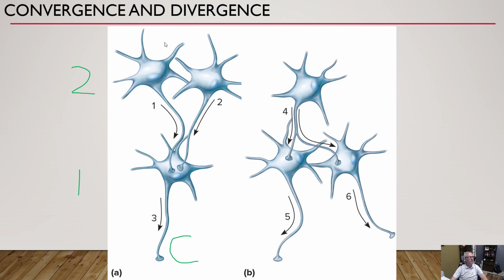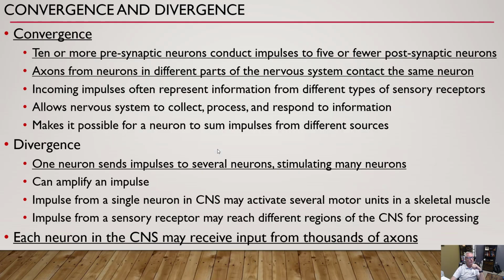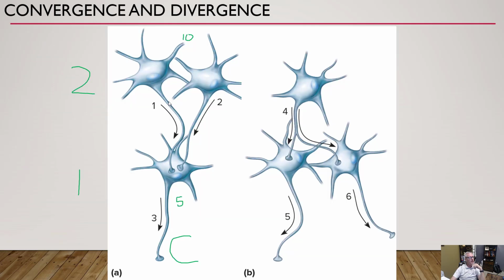But remember, the textbook definition is 10 or more presynaptic neurons that are conducting impulses to 5 or fewer postsynaptic neurons. Axons from the neurons actually contact the same neuron. So you can see that multiple axons from different neurons are coming in contact with the same postsynaptic neuron.